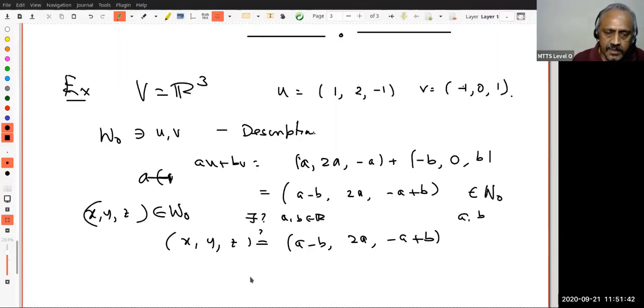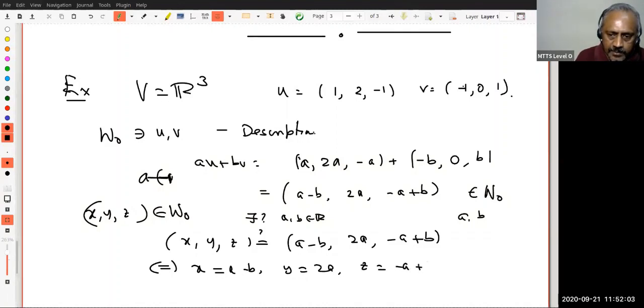So what are the unknowns here? Unknowns are not x, y, z. Unknowns are a and b. X, y, z is a given vector. So I have to solve an equation. This happens if and only if x equals a minus b, y equals 2a and z equals minus a plus b.